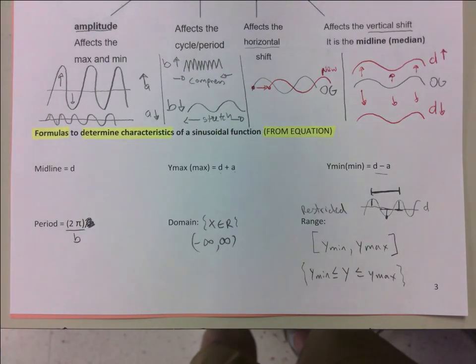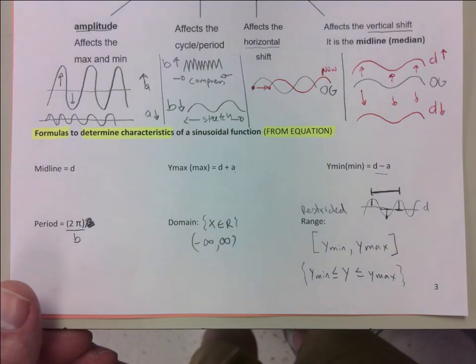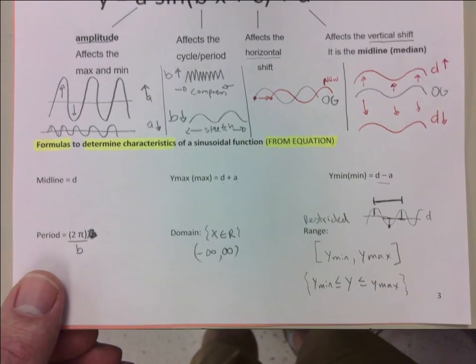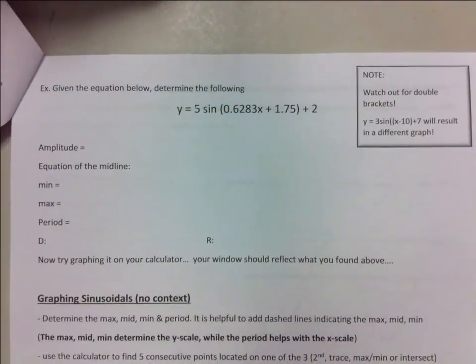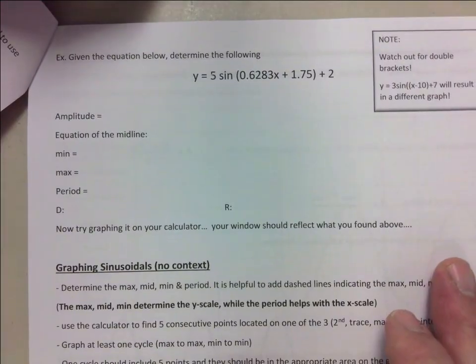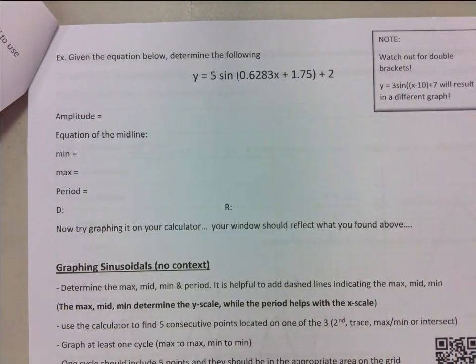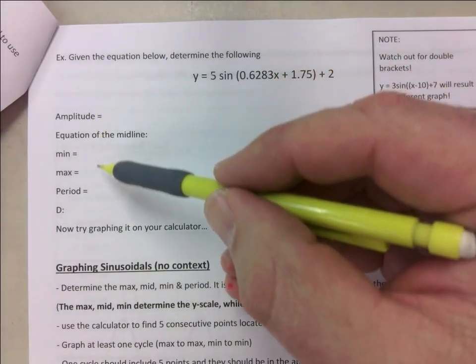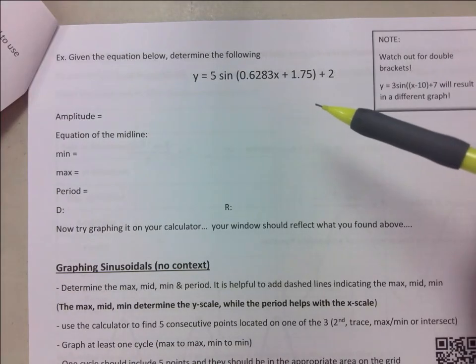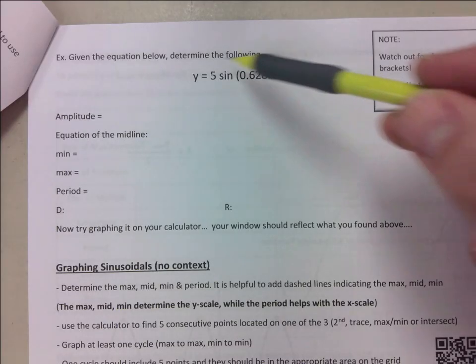So I'm going to ask you to do that on page 4, using the formulas I just gave you, without graphing. I'm not going to stop you if you really want to. I will eventually do this with you. But can you fill this in using those formulas or the hints that I gave you on page 3? Just by looking at this.